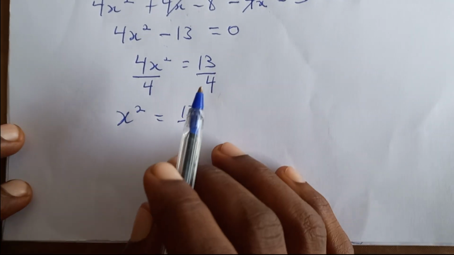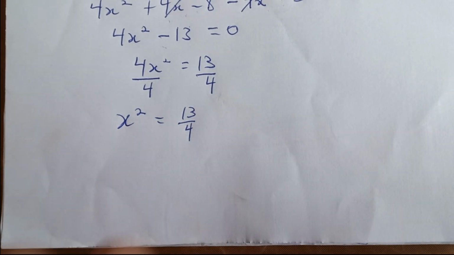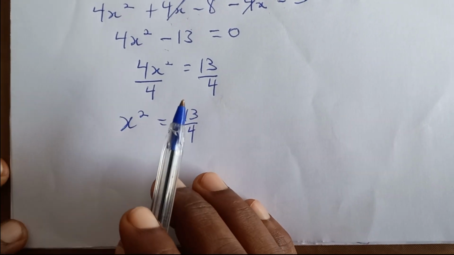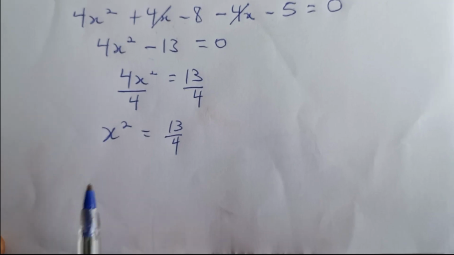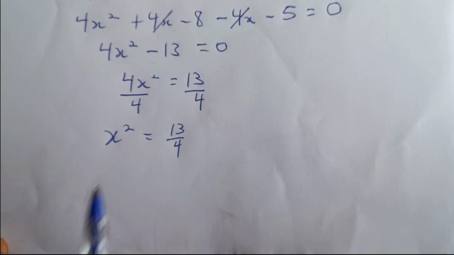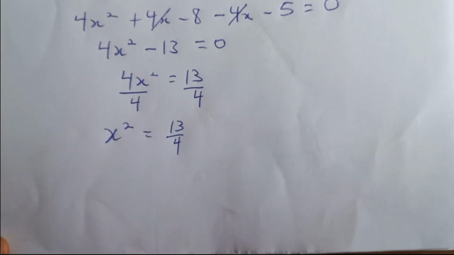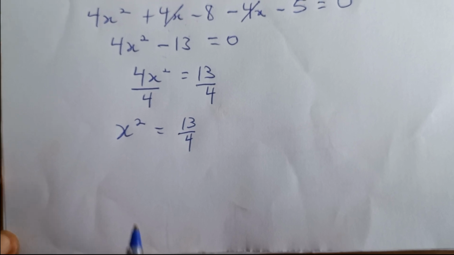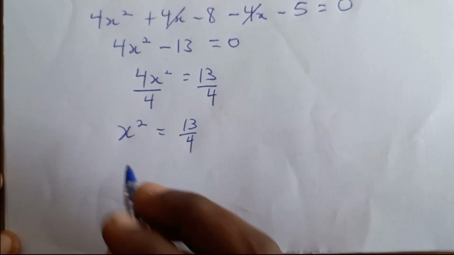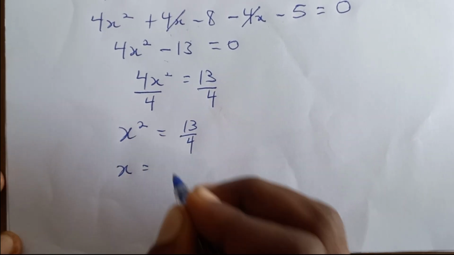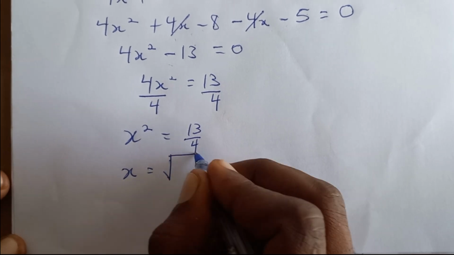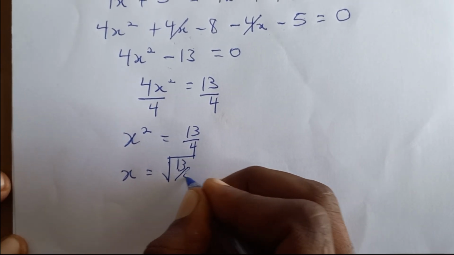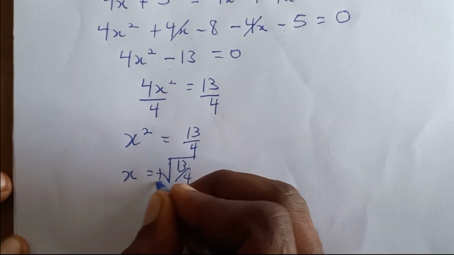Good. Bear in mind, we are not looking for x squared, but rather we are solving for x. So what we need to do now is to take the square root of both sides. Taking the square root of both sides, we get x to be the root of 13 over 4. Don't forget, it's plus or minus.